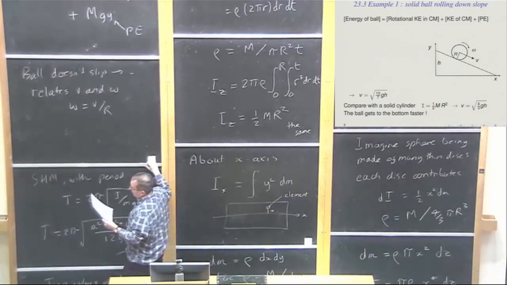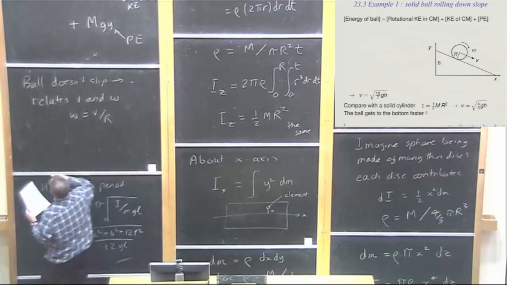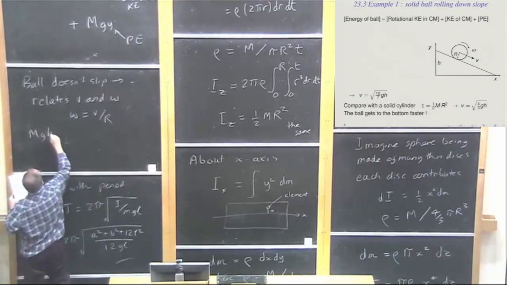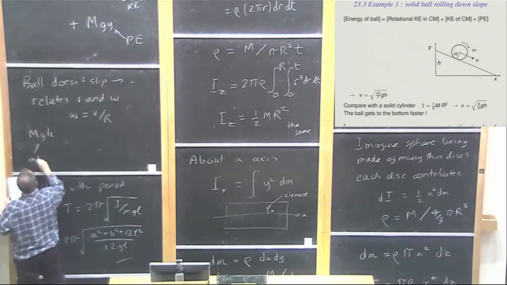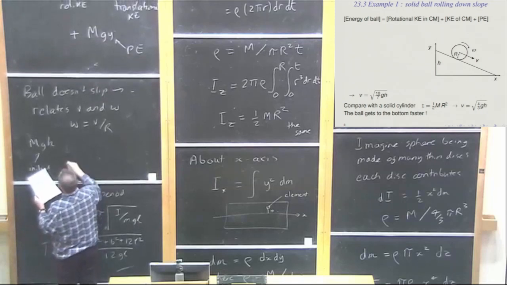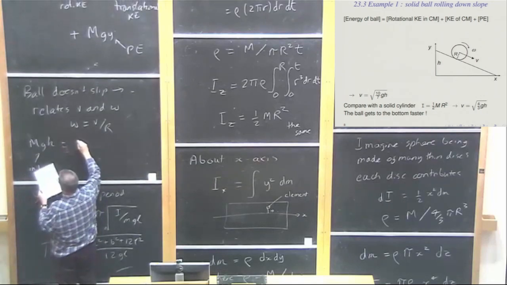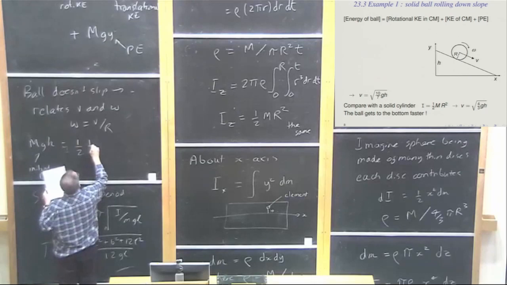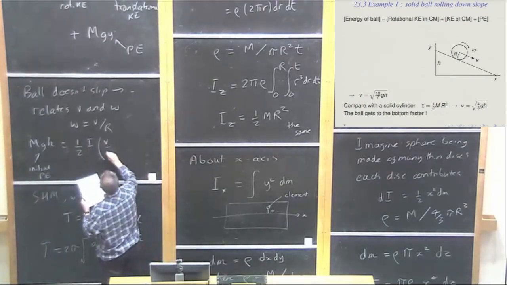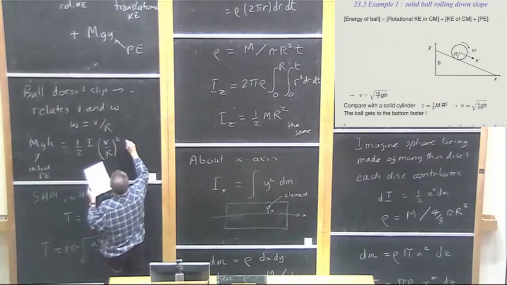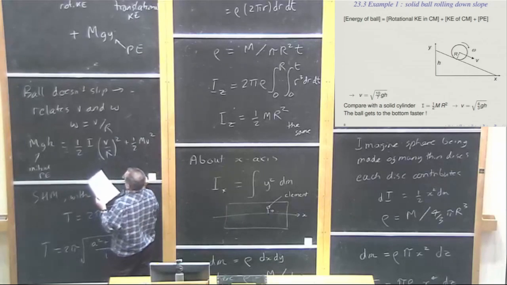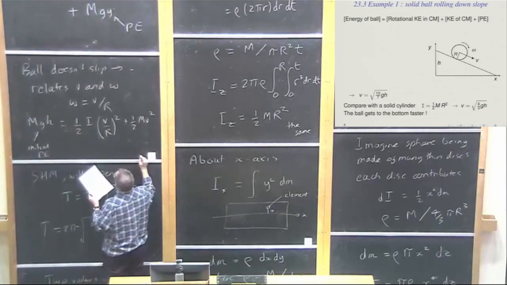Okay, so it starts at rest, so its initial PE is equal to, therefore, a half I omega squared, but omega we can write as v over R, that squared, plus a half mv squared.